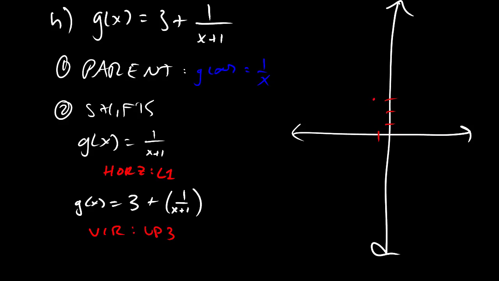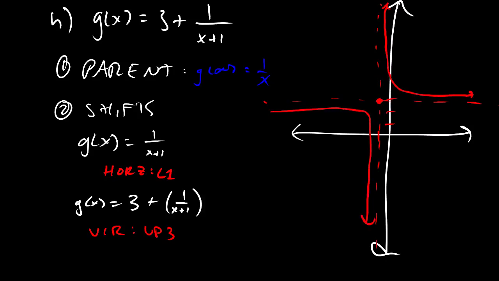So if we quickly draw our... Ooh, I'm actually really bad at putting that over the 1 part. There we go. So if we draw our dots, because we know it can't equal 0, we're coming down from the top. We're turning. We're making nice little ramps. Here we go. Perfect. That's our parent graph. Nice job, everybody.